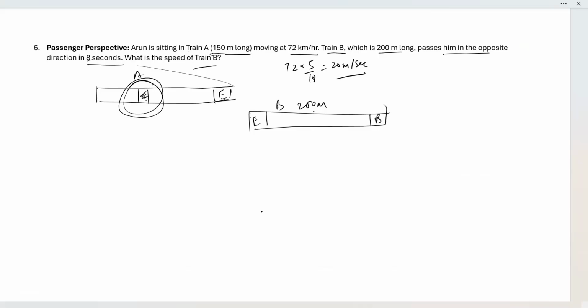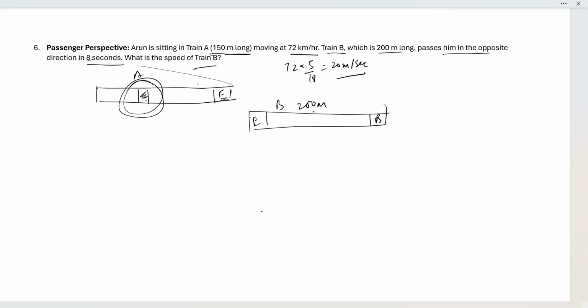So essentially, the question transforms into the case where we discuss a train crossing a moving person, specifically the case where the person is moving in the opposite direction to the train, or simply put, when they're moving towards each other. So the length of the train does not even matter. I hope this is clear.